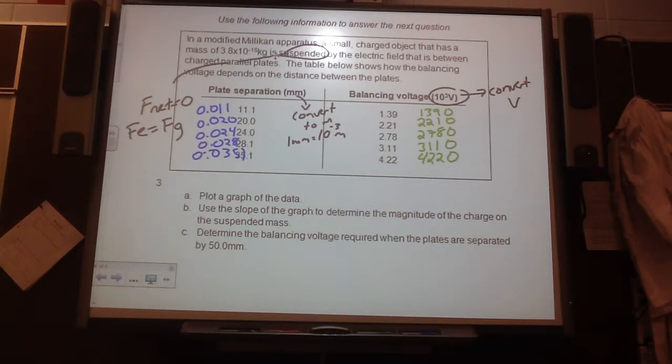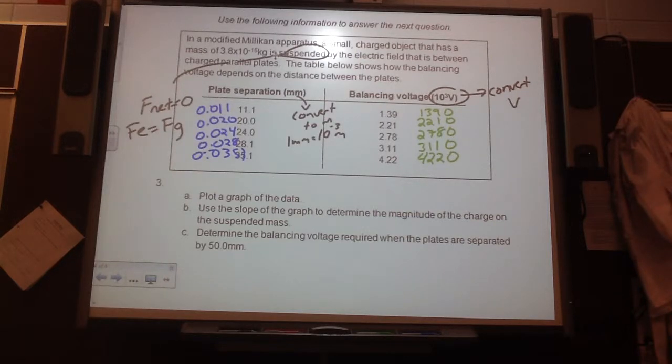Right, so now you could take out graphing paper and plot this manually and find slope using line of best fit, or we could do it a little bit quicker and use our calculators. So remember, go to your y equals and delete if there's anything in your y equals so that it doesn't graph that line.